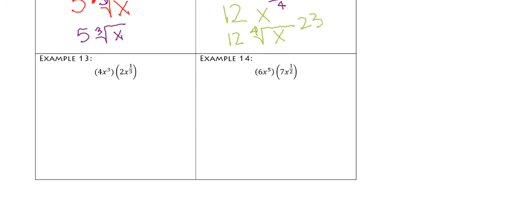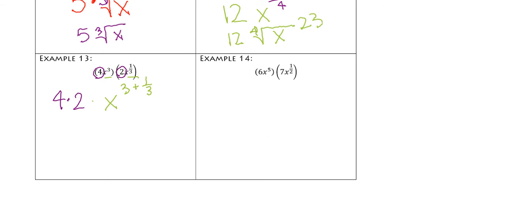Last two examples. Again, everything is just being multiplied together. So I'm going to take the coefficients 4 and 2, pull them out front, and multiply them together. Now I notice that the bases are the same, x and x. So I'm going to keep that same base, and that means I add the exponents.